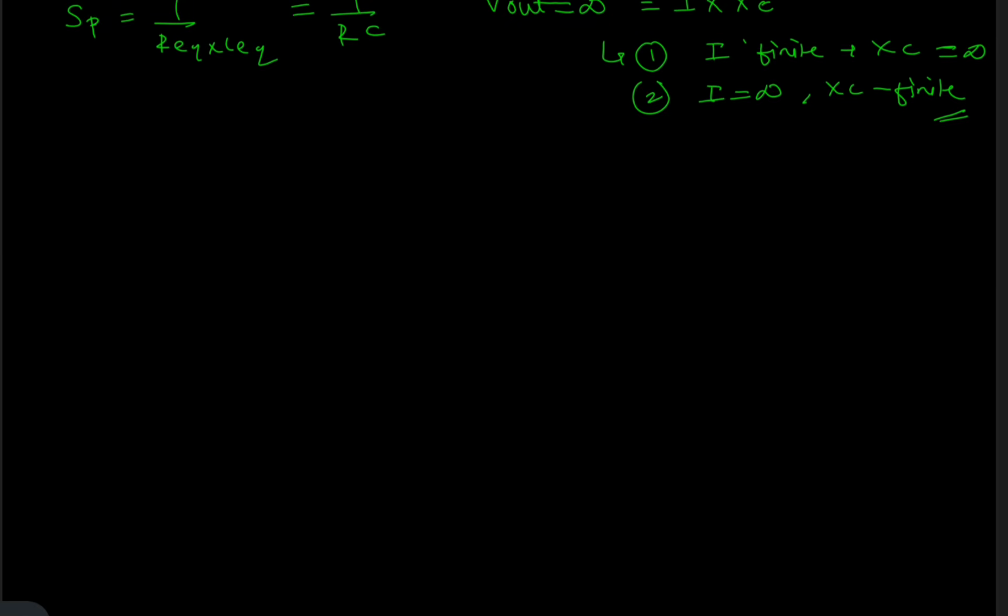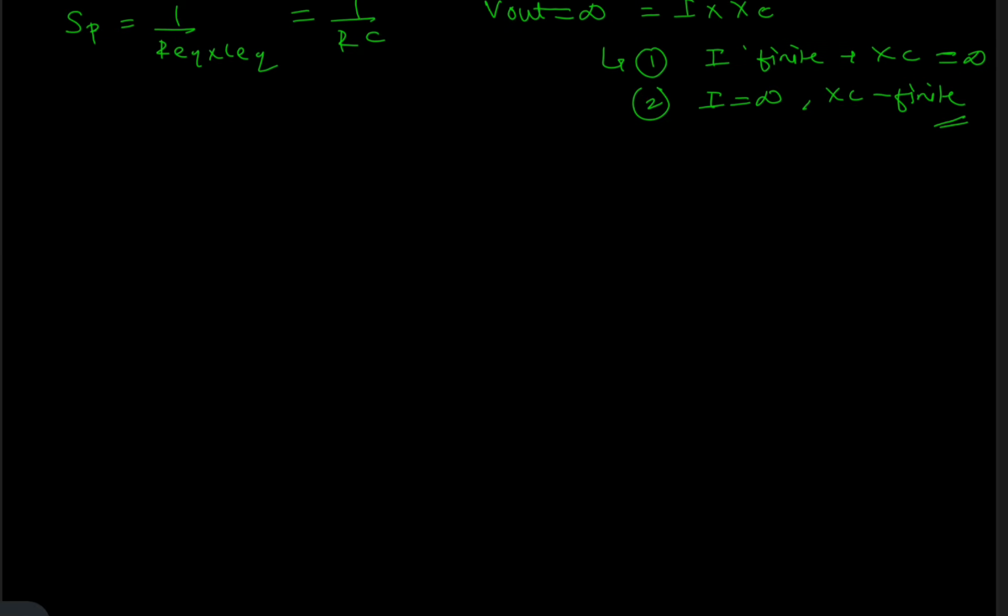So what is the second condition? The second condition is I should be infinite, and we know that I is equal to V input divided by Z1 plus Z2. So we can replace this: this is R, this is C. So R is Z1 and C is Z2.